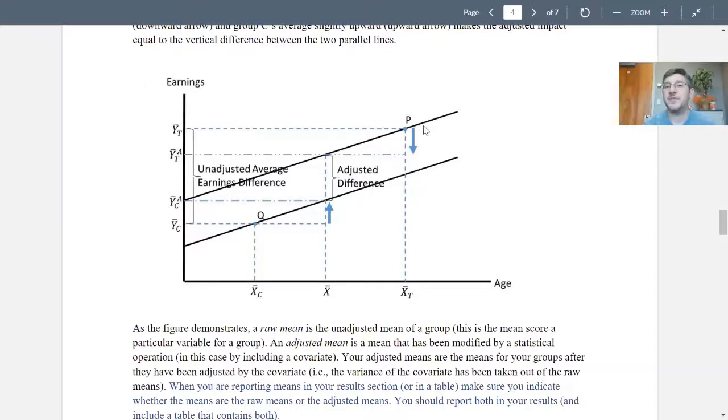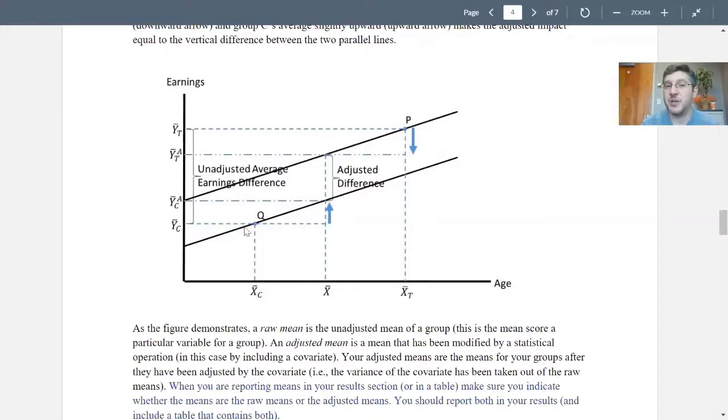So if we're looking at differences between this treatment and control group, we might want to take into account the age of the participants, because if everybody in the treatment group just happened to be older than those in the control group, age might actually be explaining the differences we're seeing in earnings. So this point P represents the average earnings and the average age for those in the treatment group.